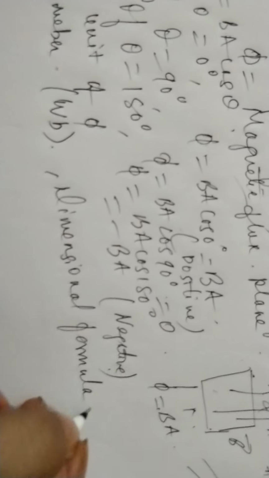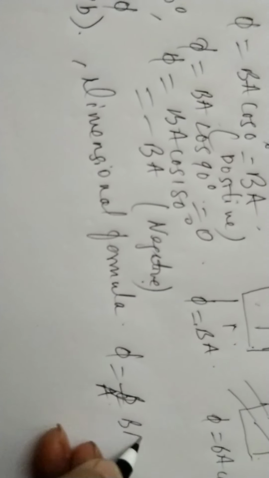Now one thing very important, the SI unit of phi is Weber, or we write capital W small b. And if you go for the dimensional formula, phi is equal to BA.